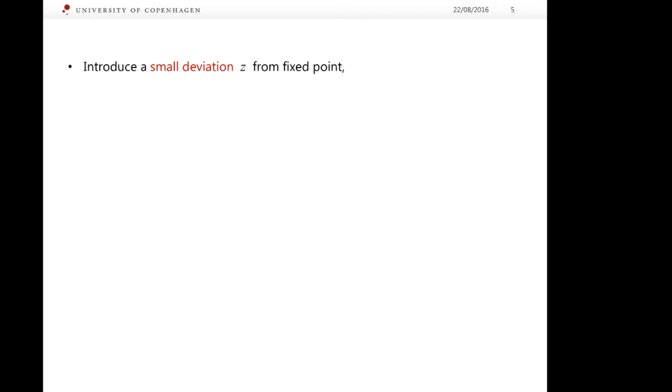This way, we introduce a small deviation from the fixed point, which we call z, which can mathematically be described as follows. z is equal to x minus x star, and we impose a condition of smallness on z such that the modulus of x minus x star should be much less than 1. This is a mathematical expression of smallness.